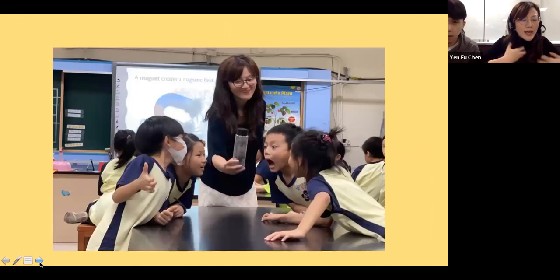Meanwhile, I also explained the characteristics of magnet. The first concept introduced was magnetic and non-magnetic objects, and how some objects could be picked up by a magnet in this classroom.